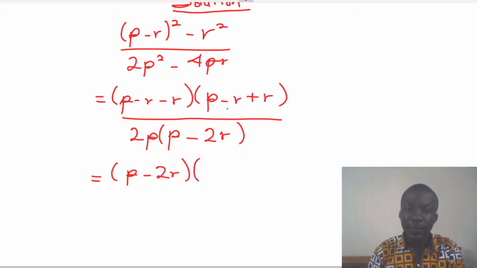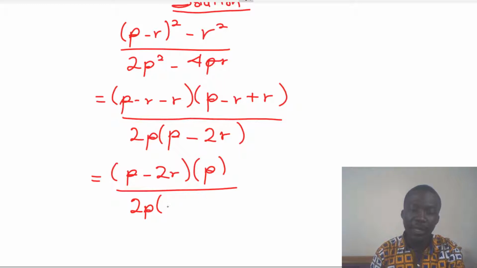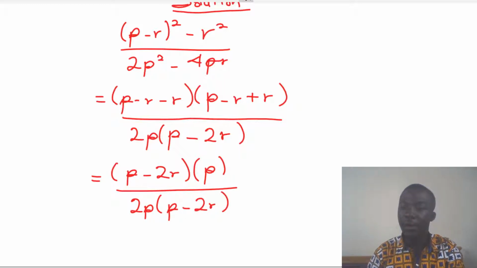Two brackets. The second one, negative r, can take away positive r. So we'll be left with just p, divided by 2p into bracket p minus 2r.